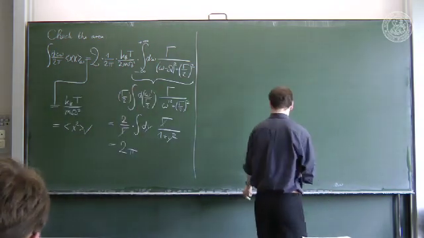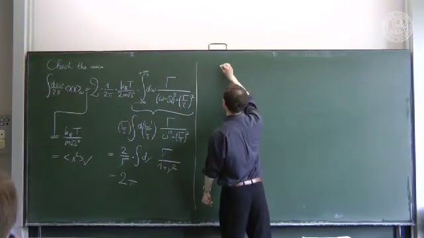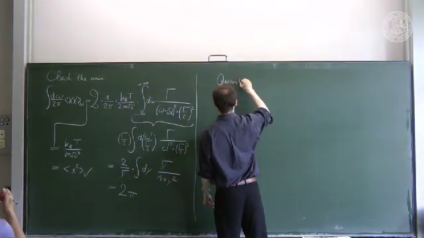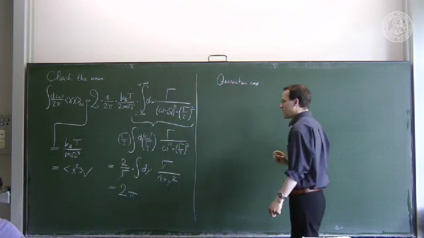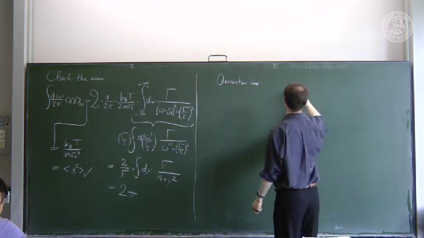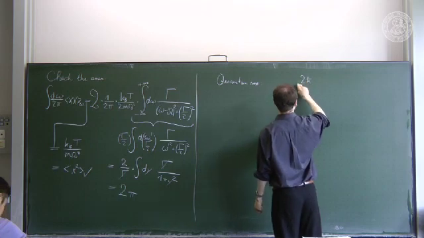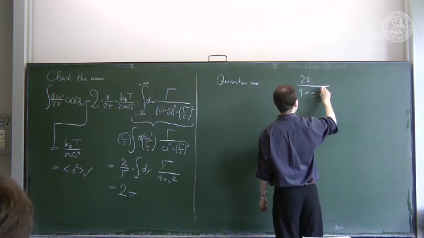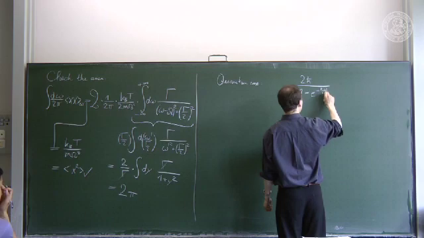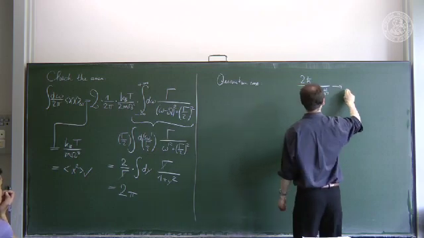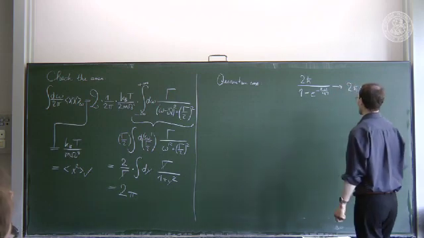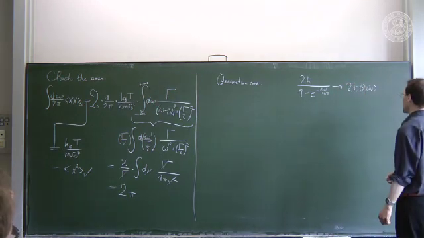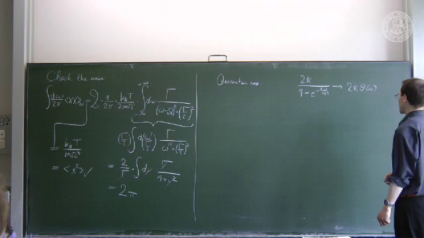Maybe it's amusing still to check the same thing for the quantum case, but we won't really carry out a full calculation, because if you look at the fluctuation dissipation theorem in the quantum case, it contains this factor, and we already said that for the full quantum case at 0 temperature, this turns into 2ħ times the theta function in omega.